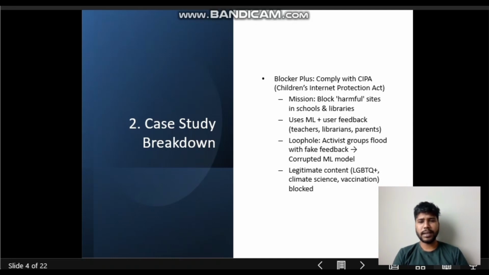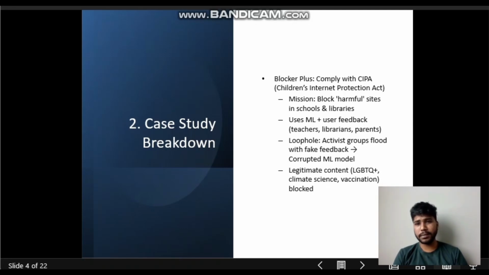By flooding the system with fake feedback, they corrupted the machine learning model, and suddenly legitimate content like resources on LGBTQ plus rights, climate science, and vaccination information was labeled as inappropriate and eventually blocked.